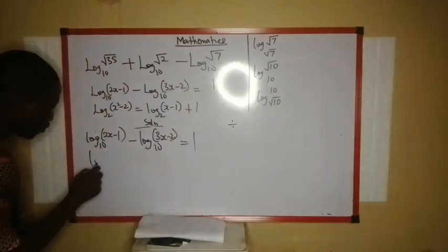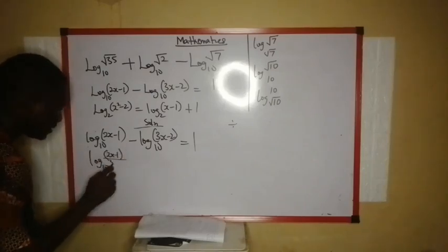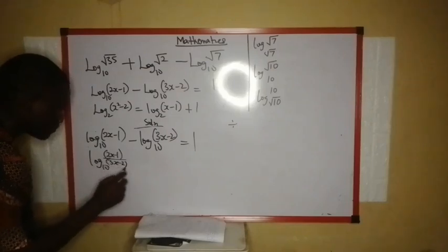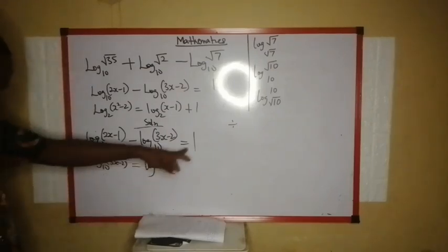So we have log 2x minus 1 over 3x minus 2 equal to log. Now, this space is 1.